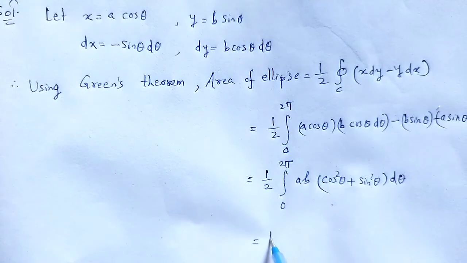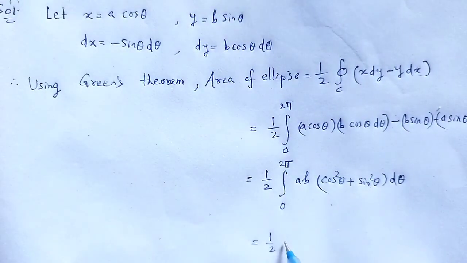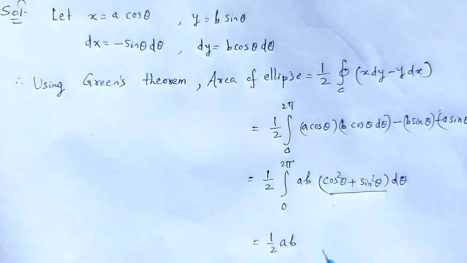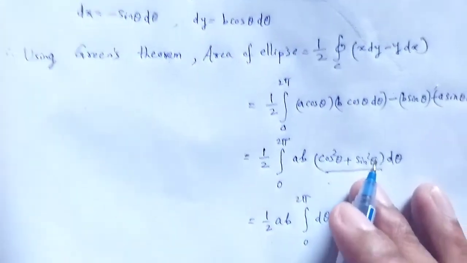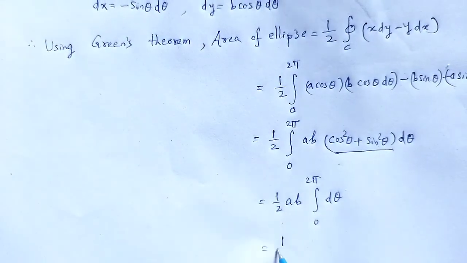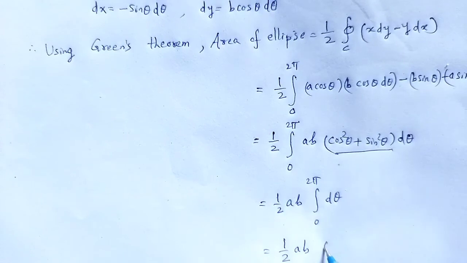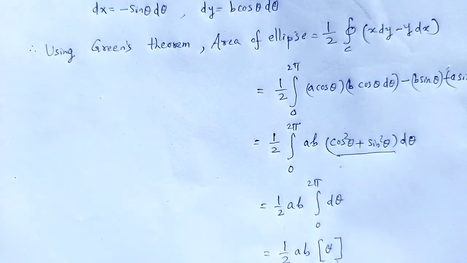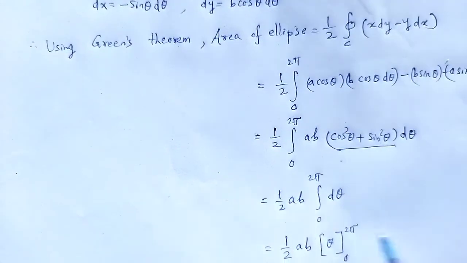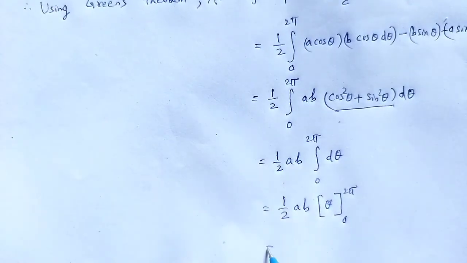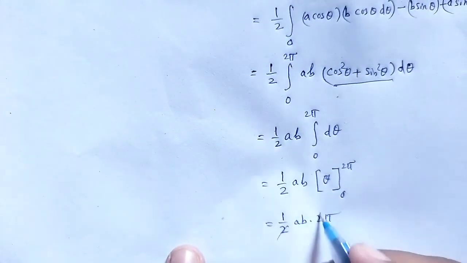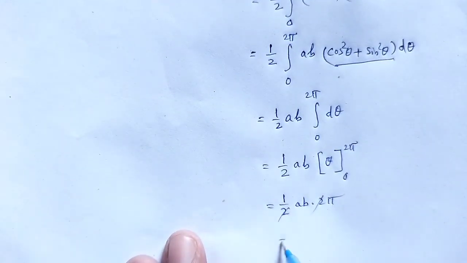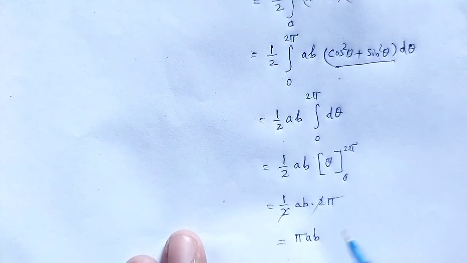That's why half ab outside, this term will be 1, so integration from 0 to 2 pi of d theta, that is ab theta, limit from 0 to 2 pi, is equal to half ab into 2 pi. The 2 cancels out, and we find pi ab.